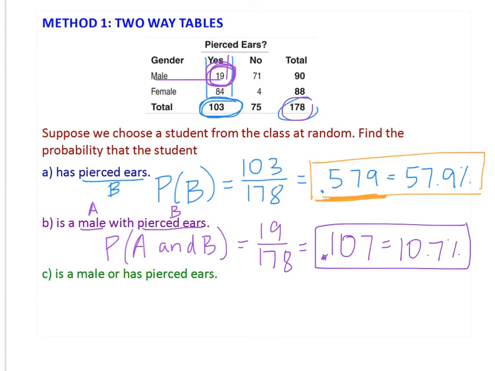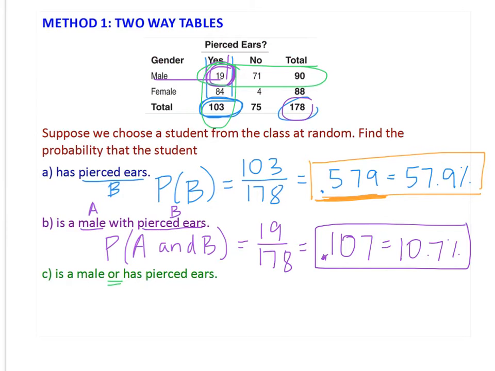Part C builds on what we talked about in class when we have this union of two things, or this or statement. So C says, what's the probability the person is a male or they have pierced ears? Well, if I'm looking at male or pierced ears, that means I need to look at all of the males and all the pierced ears.